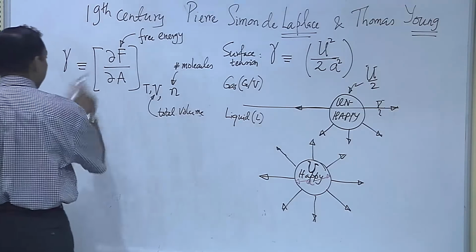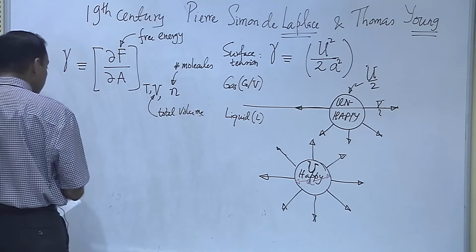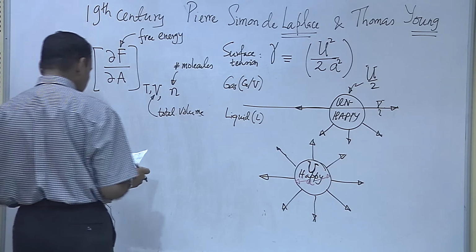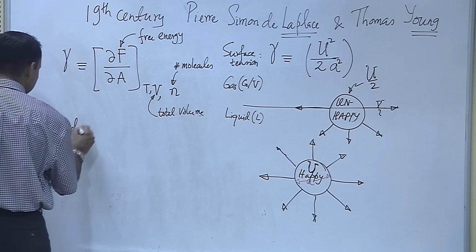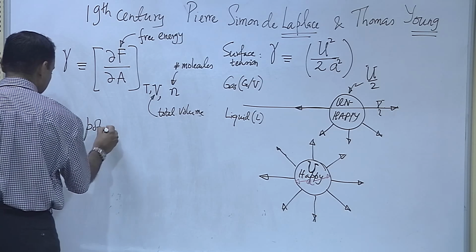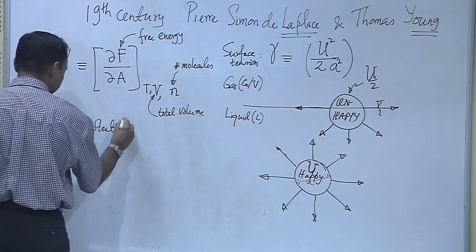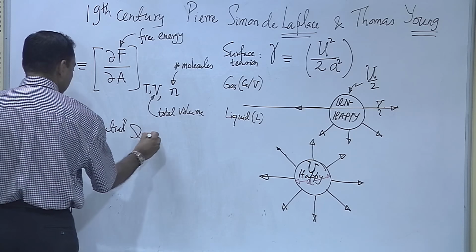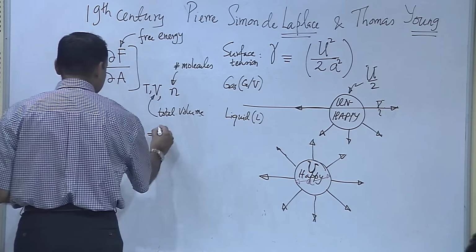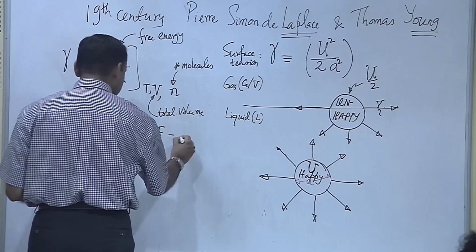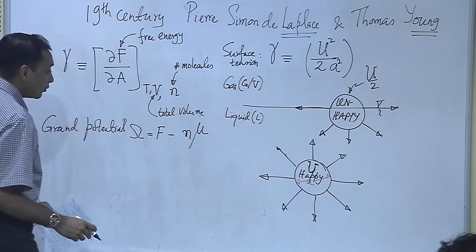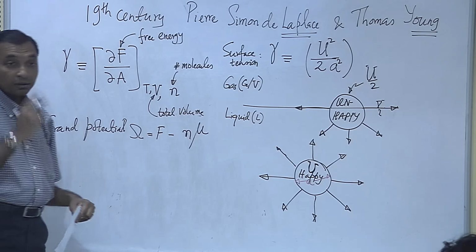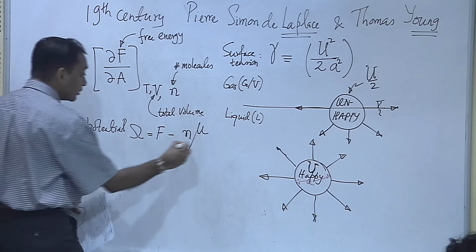Since you are in chemical engineering, some of you may have heard of something called a grand potential, which is omega, defined as F minus N times mu. What is this mu? Chemical potential. Okay.